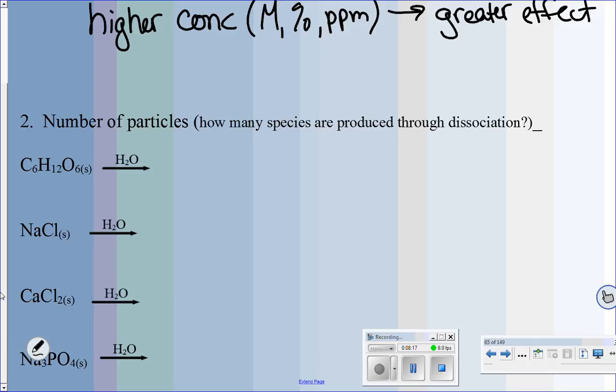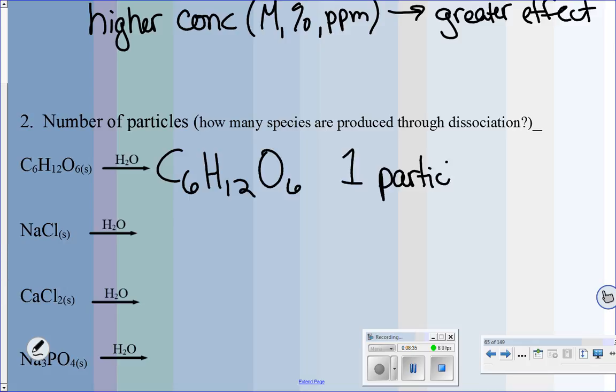Number of particles. So when you put in 1 mole, how many particles will it dissociate into? C6H12O6 are same side of the staircase. When this goes into water, it does not dissociate. So this gives us 1 particle per mole.